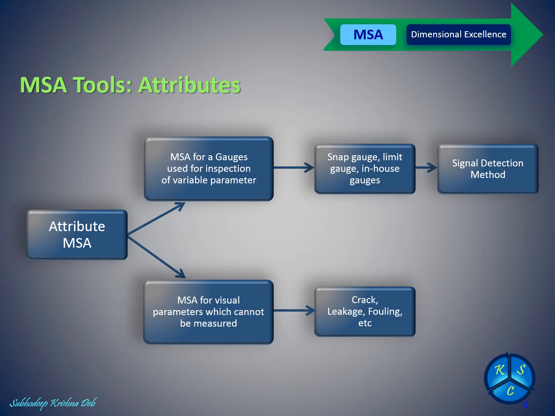So, for all these observable, perceivable parameters which are not measurable, we use a method called the kappa method. Here we count the number of OK and not OK on the basis of judgment. So we will study these 2 basic tools, that is the signal detection and the kappa method.